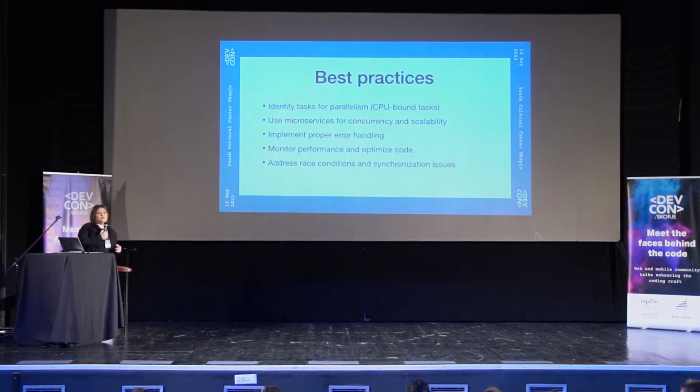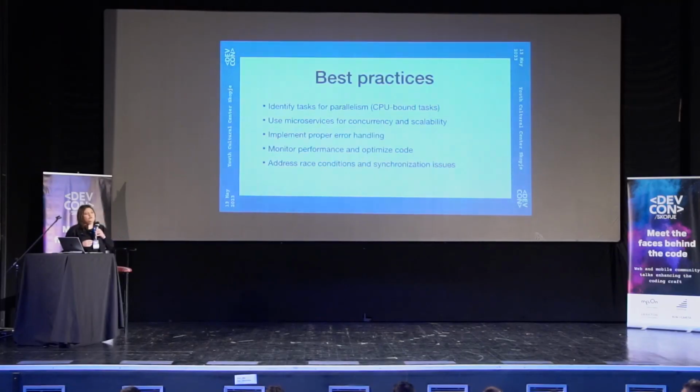If we cannot do this, we can run into some problems. One of them is race conditions, and with race conditions we need to implement different algorithms in order to prevent them.